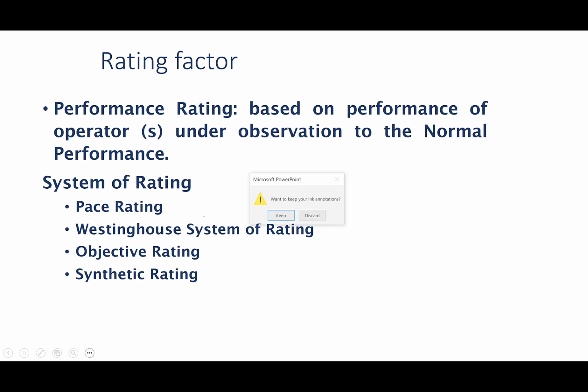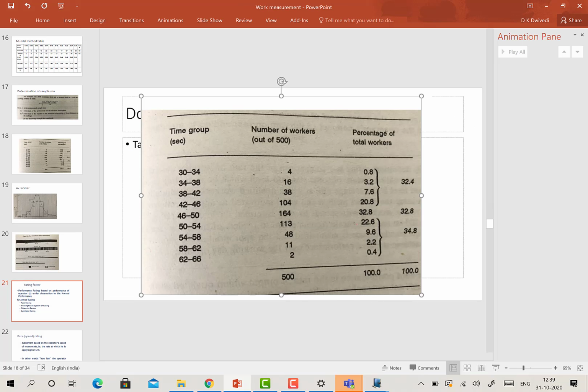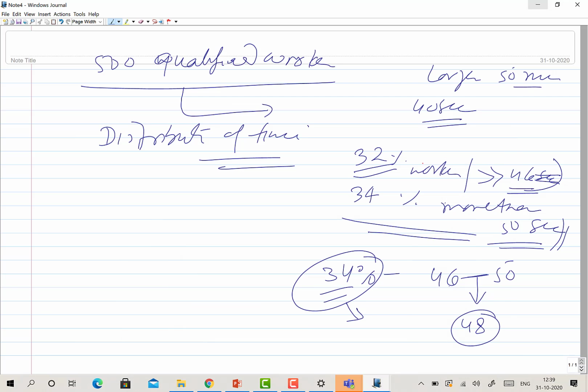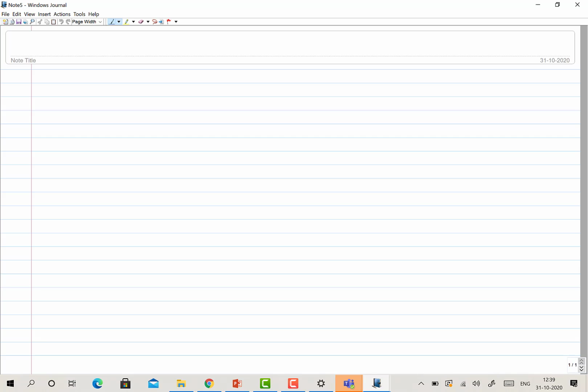How it is done, what is the purpose of this? On this I will be back later. So basically standard performance, or we can say performance rating.